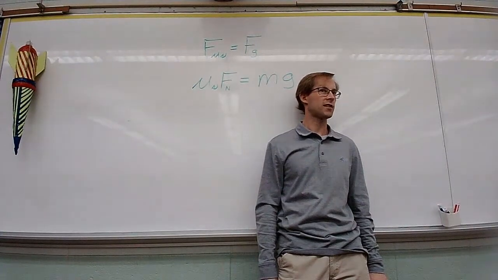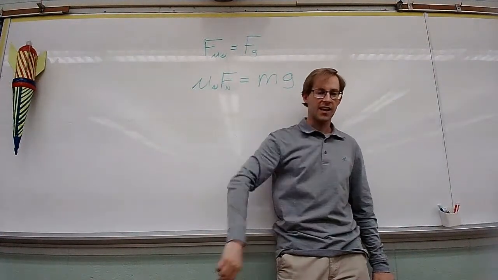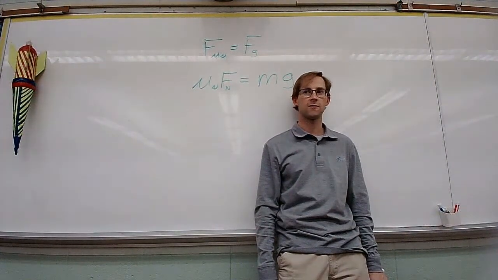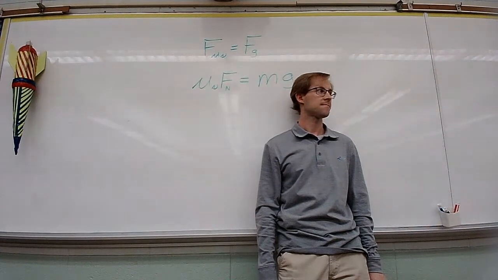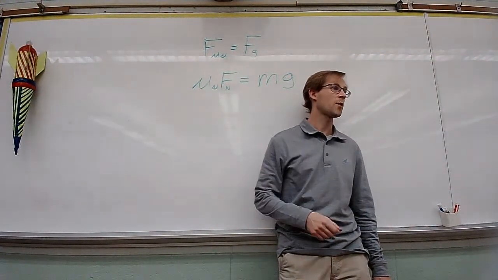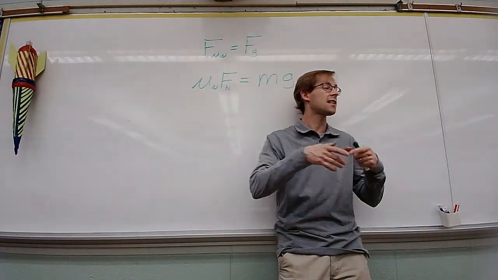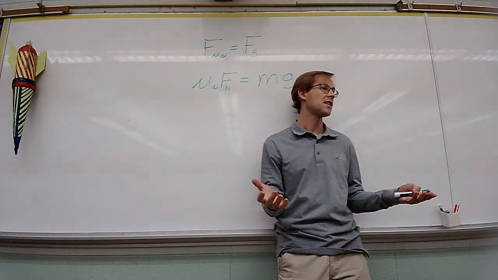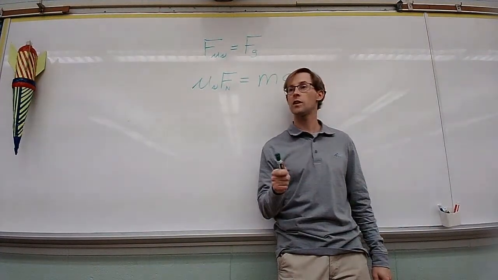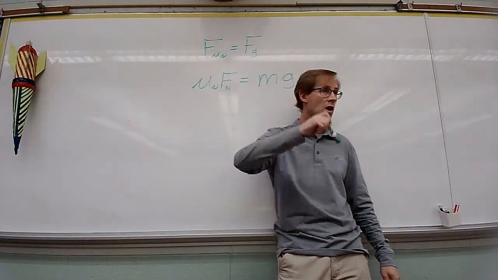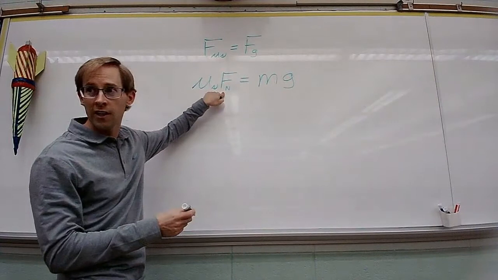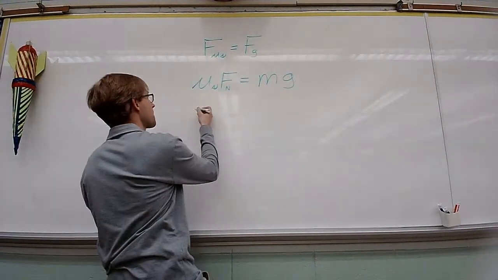Which force, as you're spinning around and around, if you got rid of it, would cause you to stop moving in a circle? Almost. Centripetal force would be the correct answer, and that takes a certain form in this problem. Normal force, yeah. So your normal force is the only thing keeping you moving in a circle, which means your normal force is actually equal to centripetal force here.